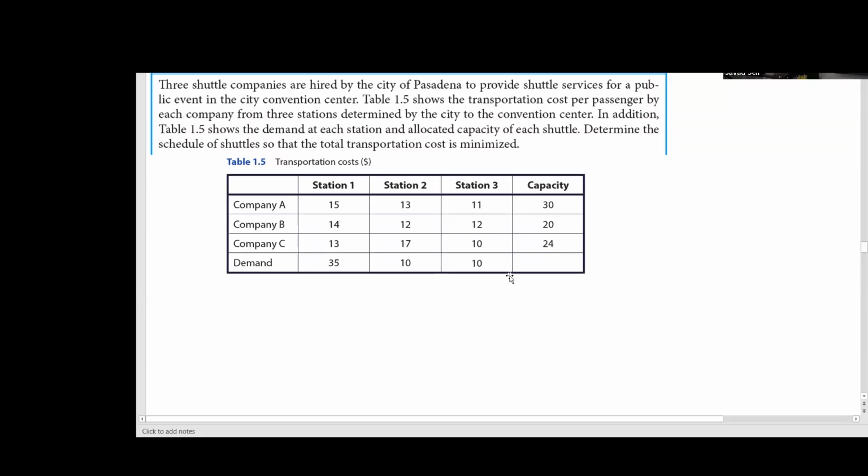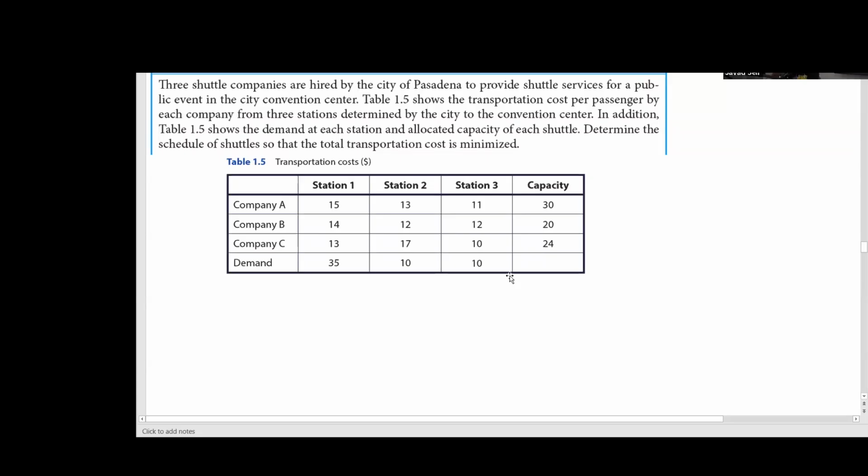Because I don't know how many should go with company A, how many should go with company B, right? If I knew that, there would be no problem. I need those 35 people in station 1 to move to the convention center, but I don't know how many of them should go with company A, who has a capacity of 30. Obviously, A cannot take all of them. I don't know how many should go with A, how many with B, how many with C.